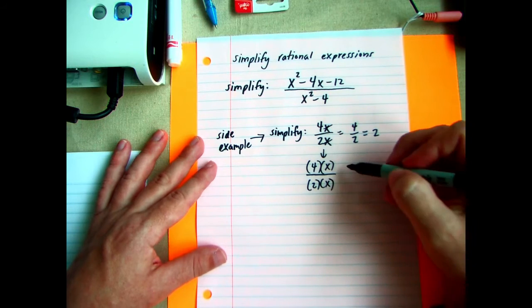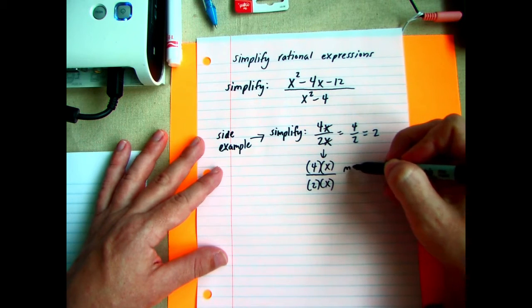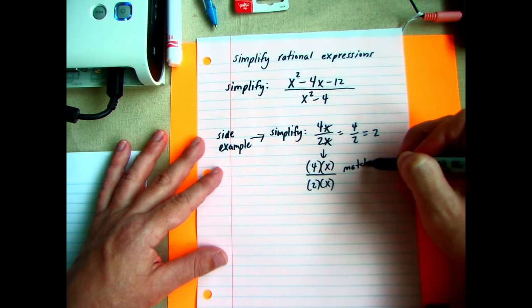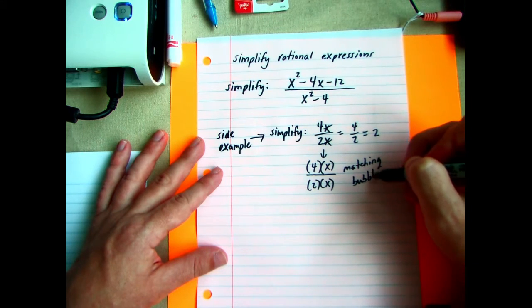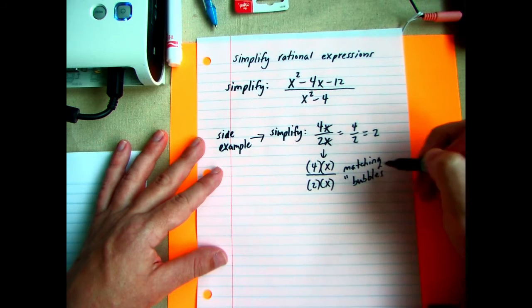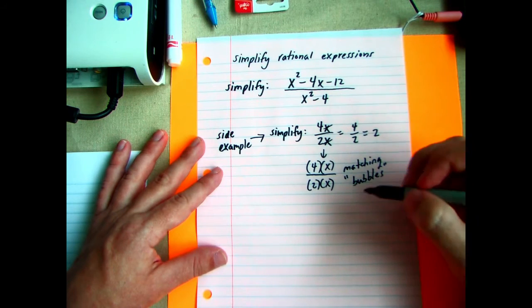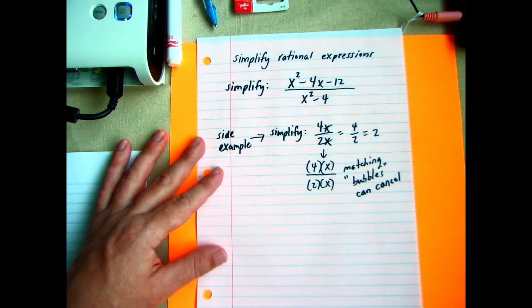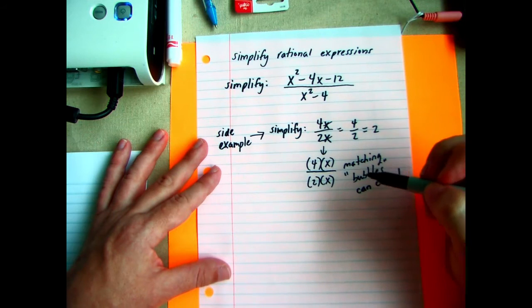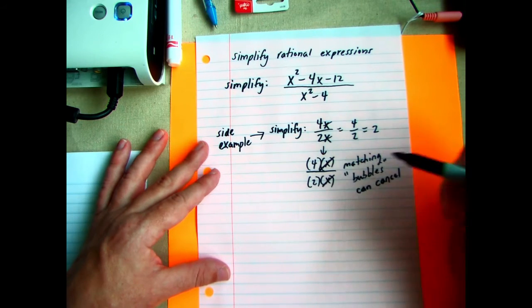Now, what I want you to think about when canceling is, do you have bubbles that match? When you have matching bubbles, that is when you are allowed to cancel. So in this side example, we had matching bubbles of x's, so those could cancel.